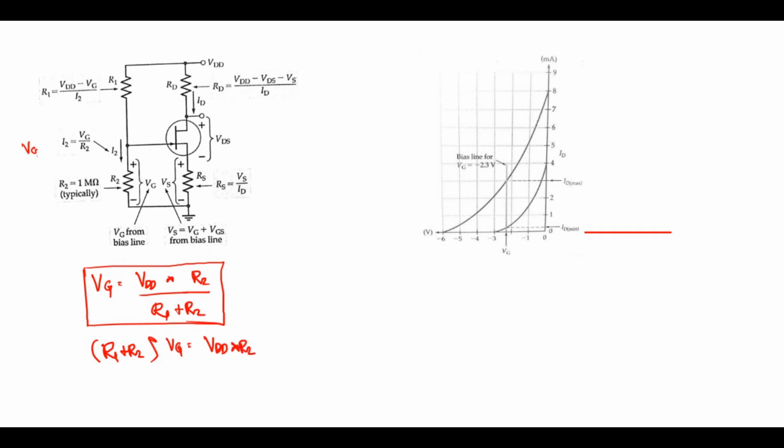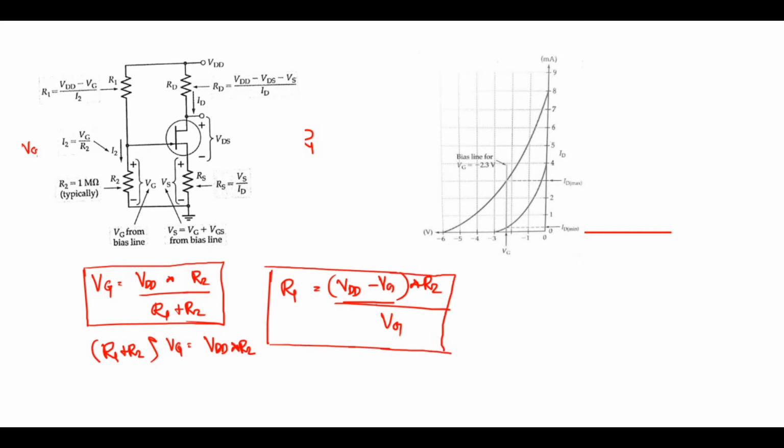By the way, you can find the final equation for R1, which is equal to Vdd minus Vg into R2 divided by Vg. So this is the equation to find R1. Here we already know Vdd and R2, but we need to find Vg. So in order to find Vg, we need to do some homework.